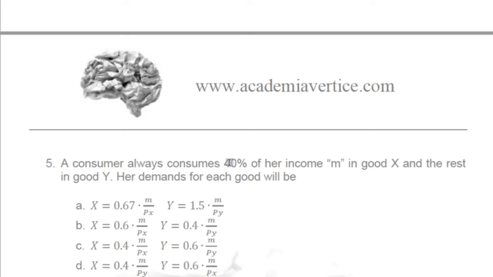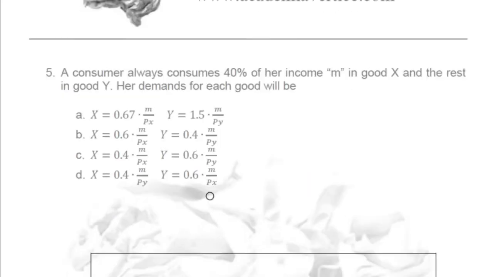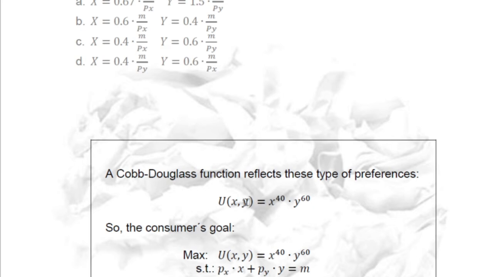Which Cobb-Douglas utility function is appropriate for us now? Well, x times y, but with the exponents, for example, 40 and 60. For example, x elevated to 4 times y elevated to 6 also would be valid, and more of them.